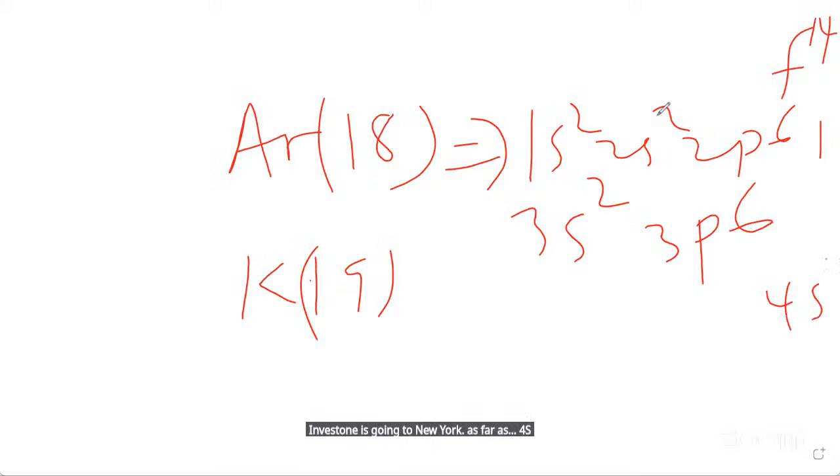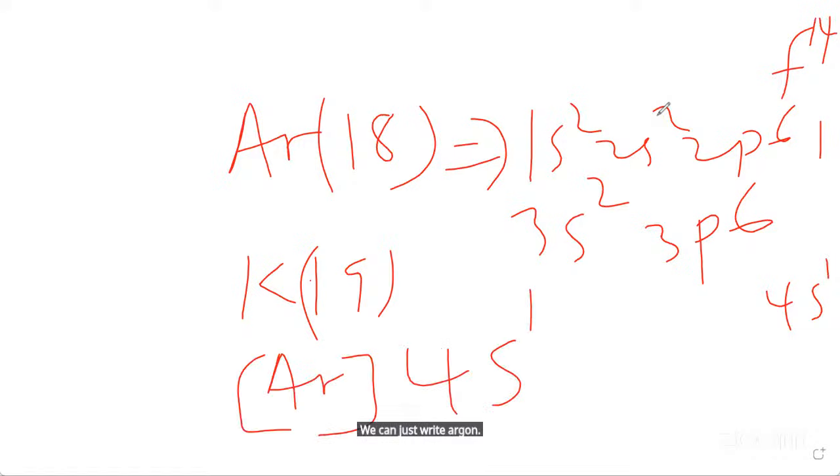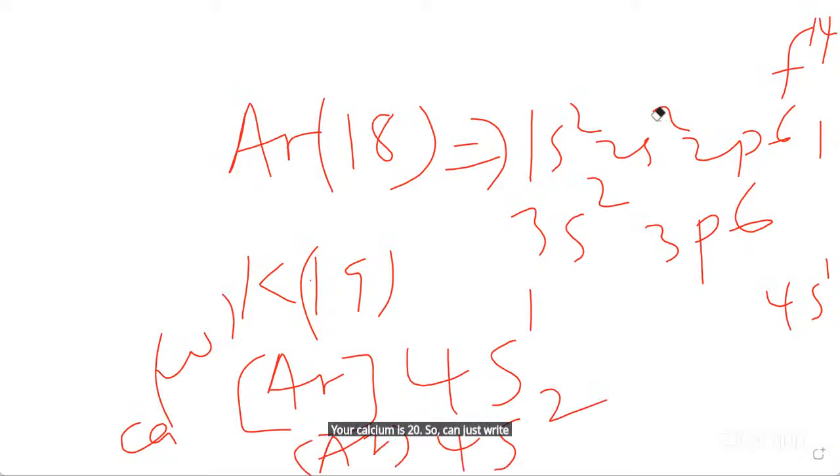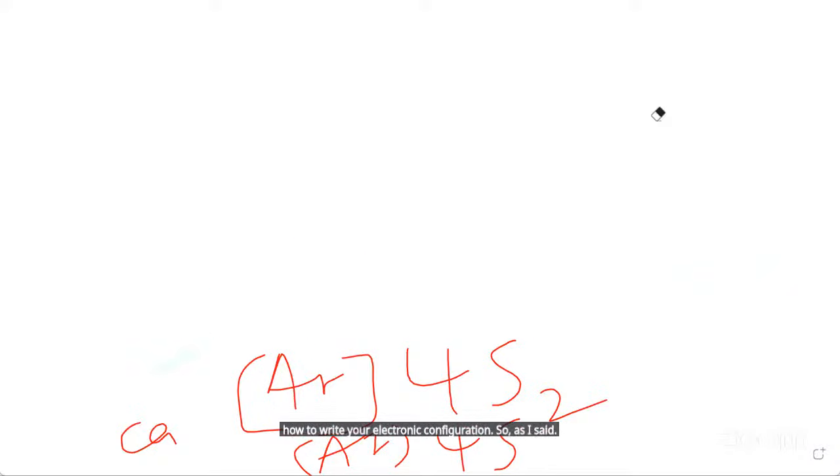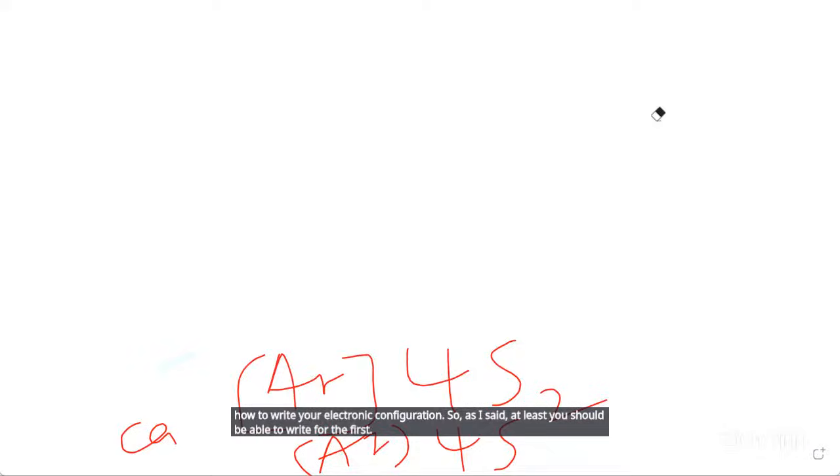So we can just write argon 4s1. After argon, the next one is your calcium. Your calcium is 20. This is basically how to write your electronic configuration. As I said, at least you should be able to write for the first 30 elements.